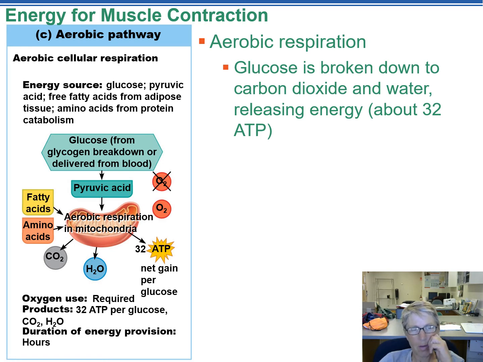So we've kind of already talked about this aerobic respiration. You take a glucose molecule, so let's say you eat some bread and it's broken down into glucose, and then that glucose goes through glycolysis, makes pyruvic acid, and then if oxygen is present, then pyruvic acid can go into the mitochondria, where you can do aerobic respiration of pyruvic acid, and you can make, through Krebs cycle and electron transport, a whole bunch of ATP.